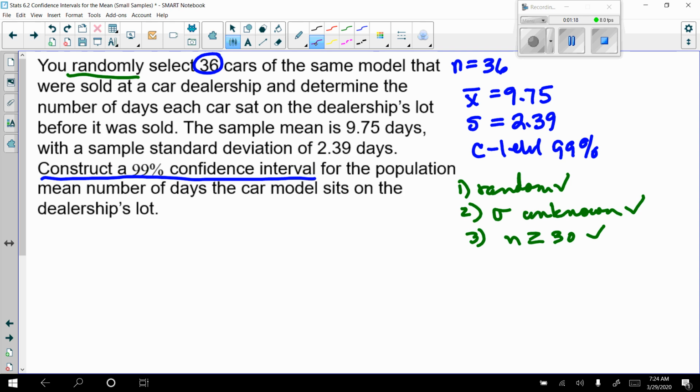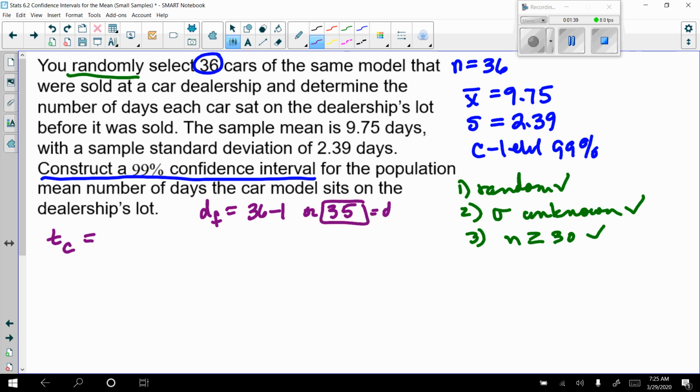Next, let's find our t-distribution critical value. We need our degrees of freedom in order to do that, which is 36 minus 1, or 35.